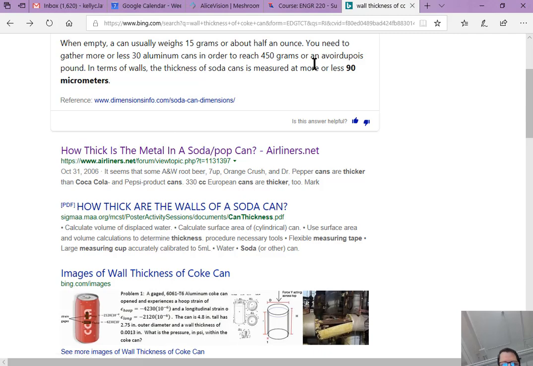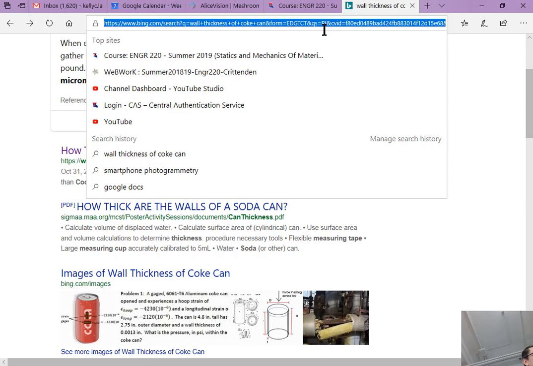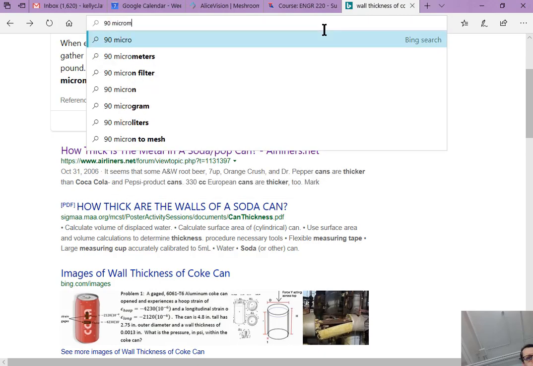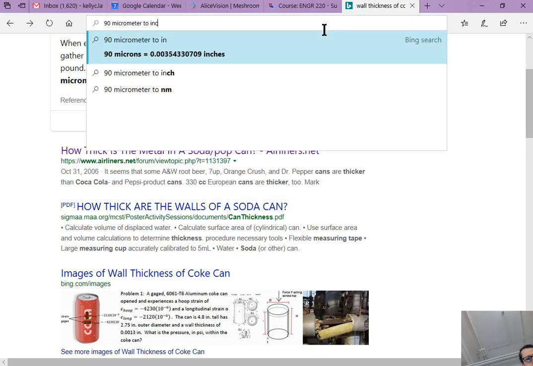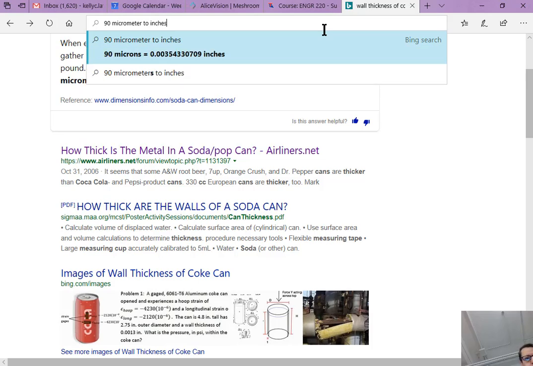Oh, does it say it in here? Oh yeah. The thickness of a soda can is measured at more or less 90 microns. Again, we'd have to convert that 90 micrometers to inches. 0.0035, so that's half what we just calculated, more or less.